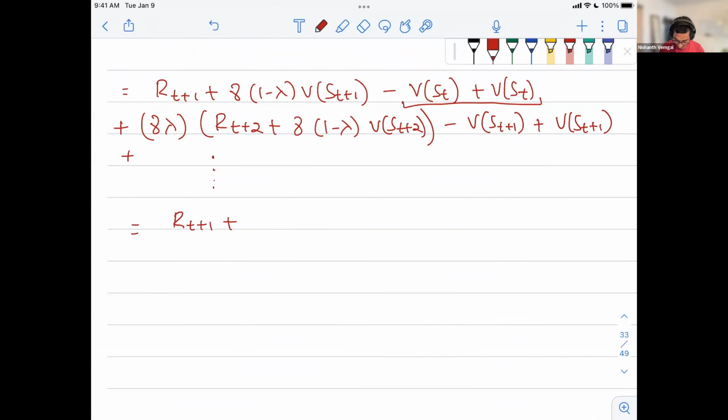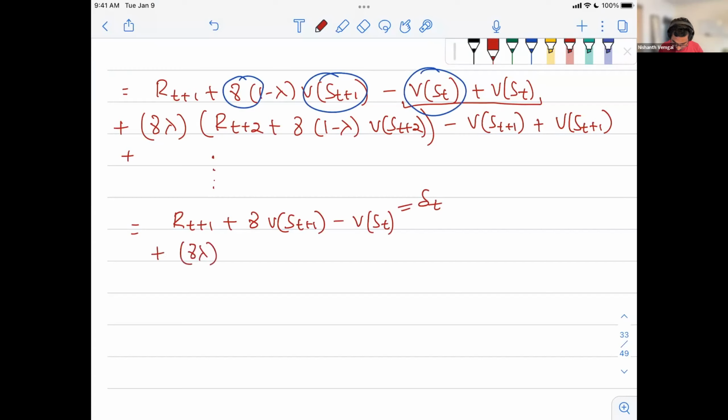So if I write it as TD error, what I would get is gamma times V(S_{t+1}) minus V of S_t. So I'm taking this term and then gamma times this term. And this would be equal to one step TD error, which is delta_t. And for the next one, what I have is R_{t+2} plus, again, for the next one, I'll take gamma times V(S_{t+2}) and keep the other term separate.